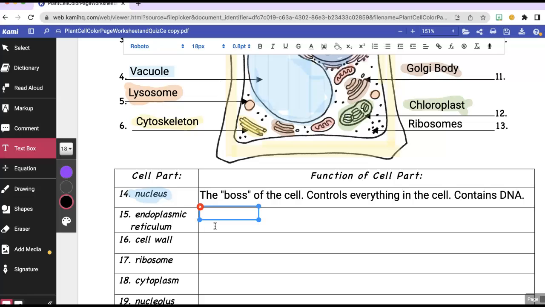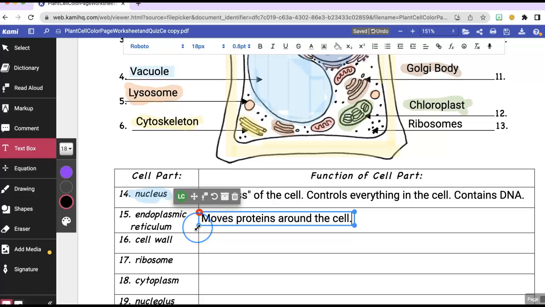So with your pencil, basically the ER, or the endoplasmic reticulum, it moves proteins around the cell. It moves them around. That's basically its only job. Moves proteins around the cell.